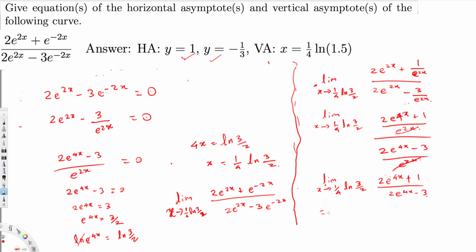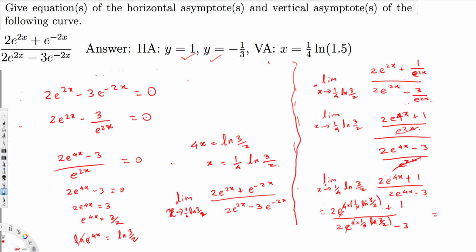If I substitute, I get 2e^(4 times 1 over 4 ln 3 by 2) plus 1, over 2e^(4 times 1 over 4 ln 3 by 2) minus 3. The 4s cancel, and e and ln cancel each other, in the bottom as well.